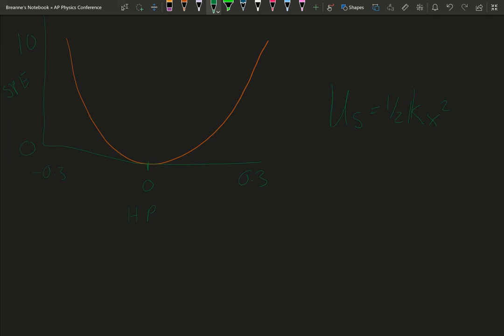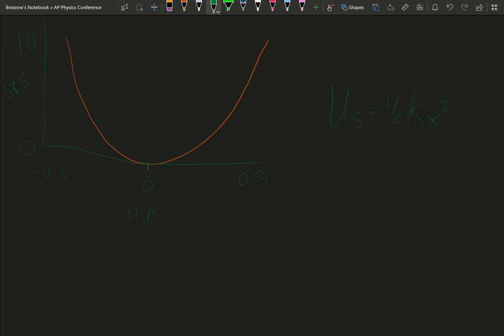The center of mass of the block is stretched a horizontal distance of x equals 0.25 beyond the equilibrium position and released from rest such that the block-spring system undergoes simple harmonic motion. The graph of the spring potential energy of the block-spring system as a function of horizontal position of the center of mass of the block is shown. The positive direction is considered to be to the right.